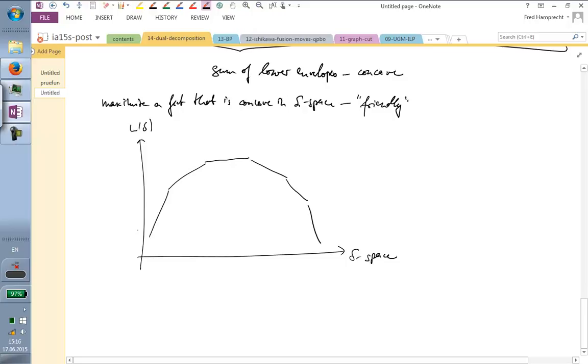Now we have a convex set and we want to maximize it. This will remind you of a linear programming problem, and in fact it is. So this can be written as a linear programming problem.